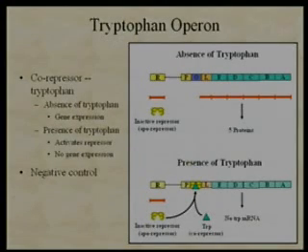The main difference between an inducible system and a repressible system is that in inducible systems, the repressor is made in an active conformation, whereas in repressible systems, the repressor is made in an inactive conformation, and the co-repressor activates it. So that's really the only difference. Other than that, the regulation is the same.